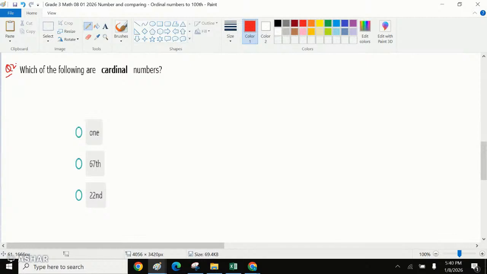Ordinal ends with a TH, right? We know that. Yes, thank you. Ordinal will end with. So what is a cardinal number over here? Which of the followings are cardinal numbers? Can we have the answer? Out of these options, 1, 67th, and 20.